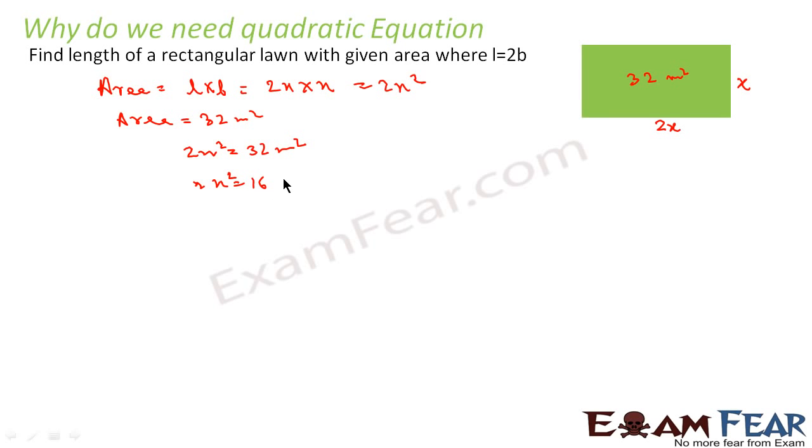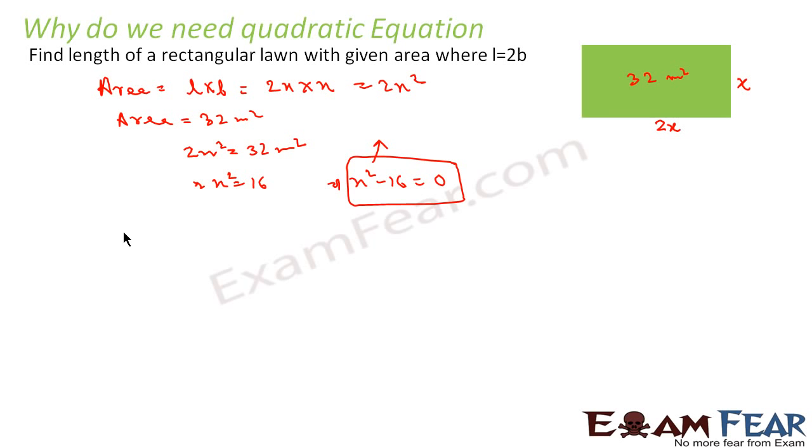This is nothing but x square minus 16 is equal to 0. This is a quadratic equation where a is 1, b is 0 and c is minus 16. Correct? And now we can solve this. I'll explain you how to solve this in the next slides, but just try to understand this is one real scenario where you may need quadratic equations.